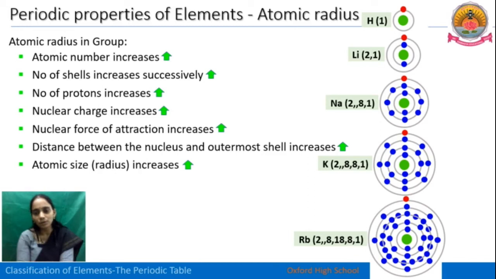Of course, the nuclear force of attraction increases, but the distance between the nucleus and the outermost shell also increases as the number of shells increases. So the atomic radius increases. We can conclude here that the atomic radius in a group, from top to bottom, is increasing.